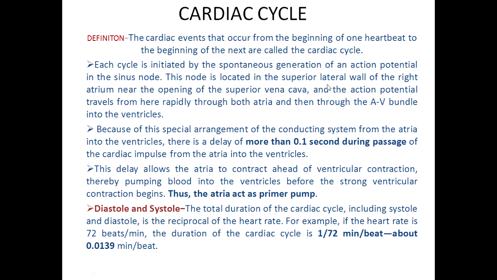It is located in the superior lateral wall of the right atrium, near the opening of the superior vena cava. The action potential from there travels rapidly through both atria and then through the AV bundle into the ventricles.